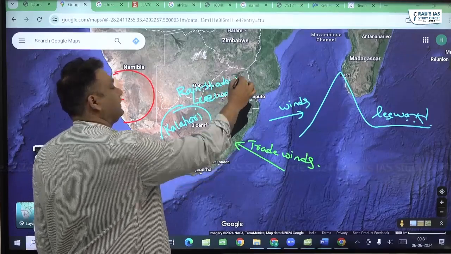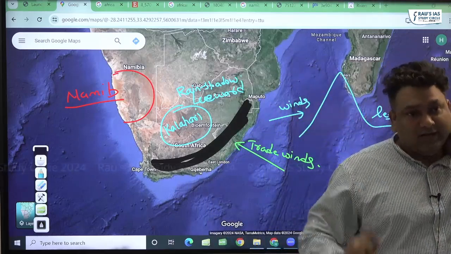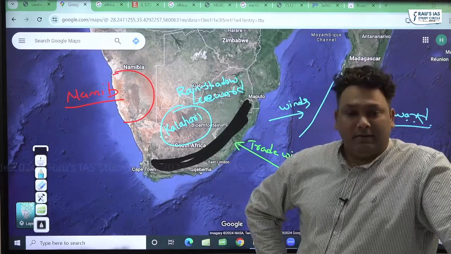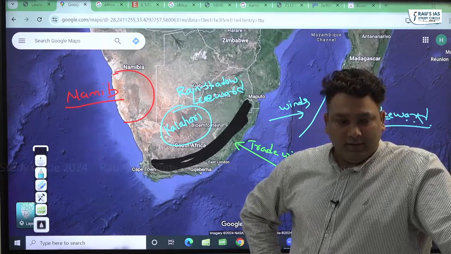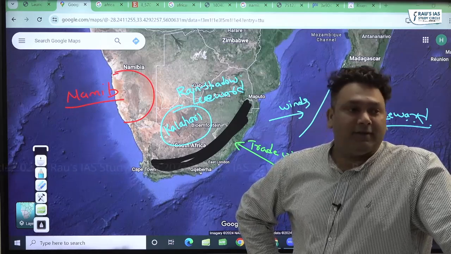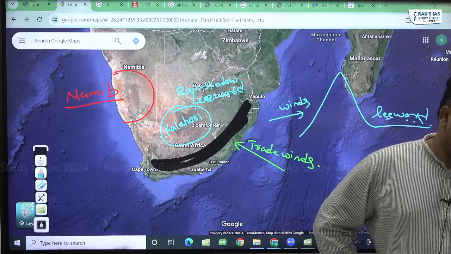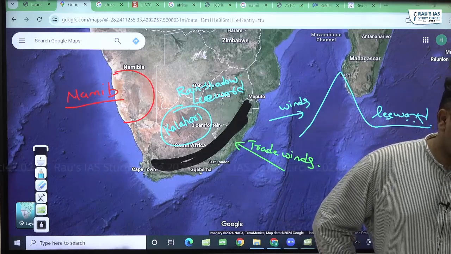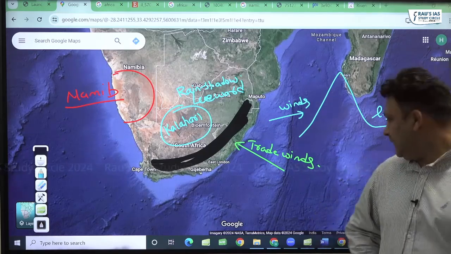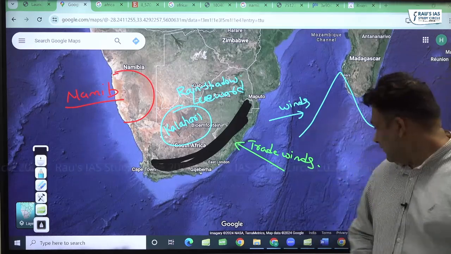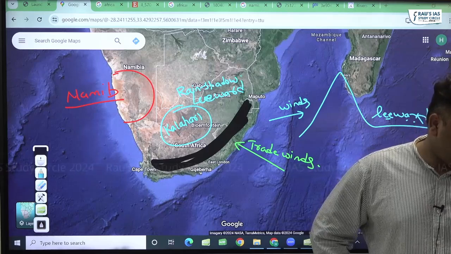So it's not a trade wind desert. It is formed due to its location on the leeward side of Drakensberg. And it is important for a tribe called the Bushmen.